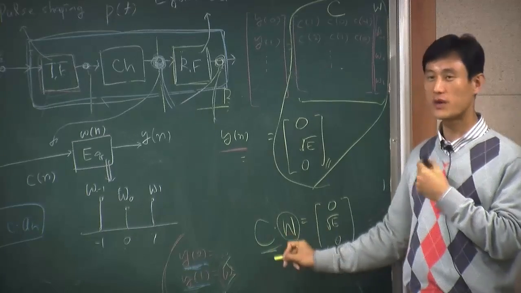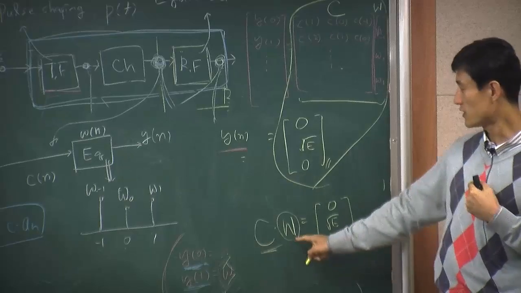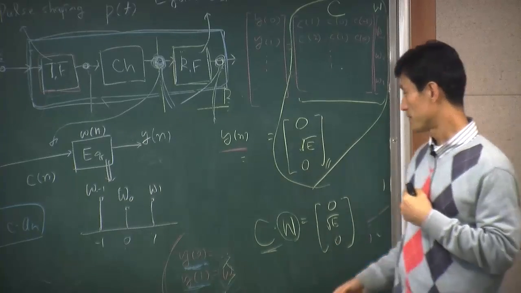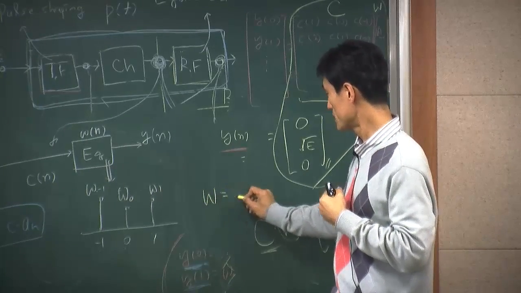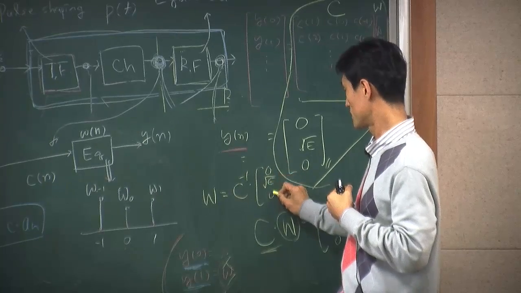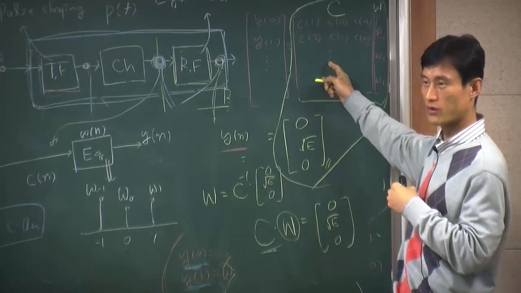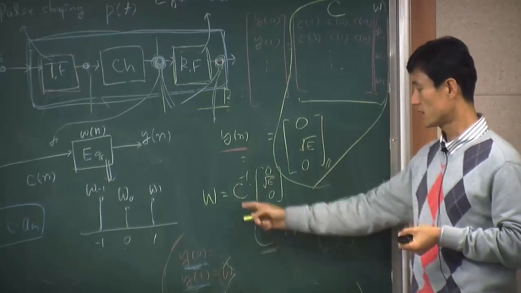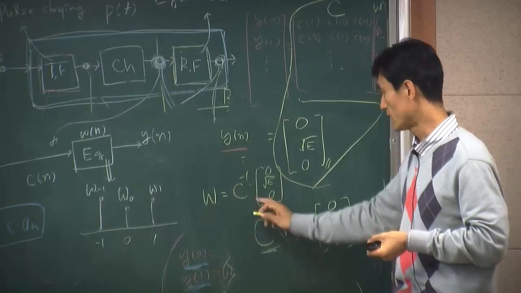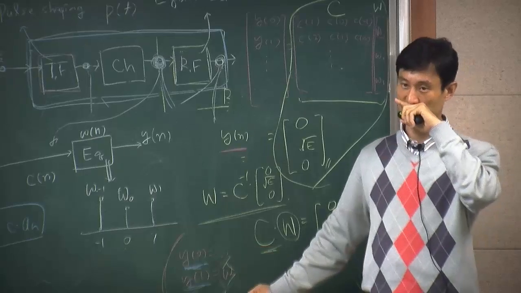The C matrix we already know, and this output, of course, we know. So how do you get W? W is C inverse times this one. C is a square matrix, or you can make it square, so you can take an inverse matrix and then multiply with this. That's how you calculate the W.